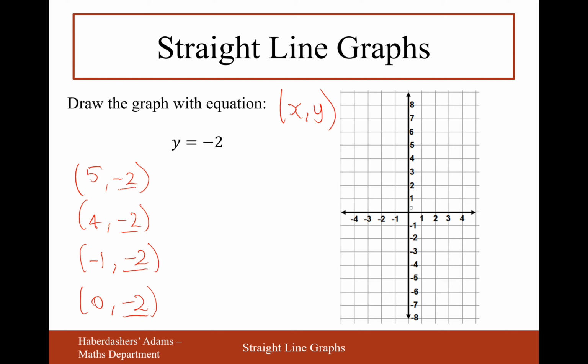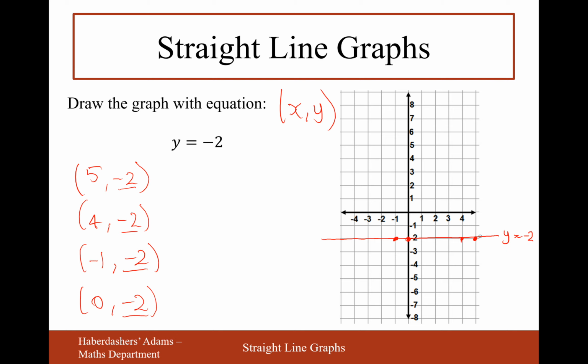So start at the centre, 5, minus 2. Start from the centre again, 4, minus 2. Start from the centre again, minus 1, minus 2. Start from the centre again, 0 to the left or right, down by 2. And we'll get this line here. This is the line y equals minus 2.